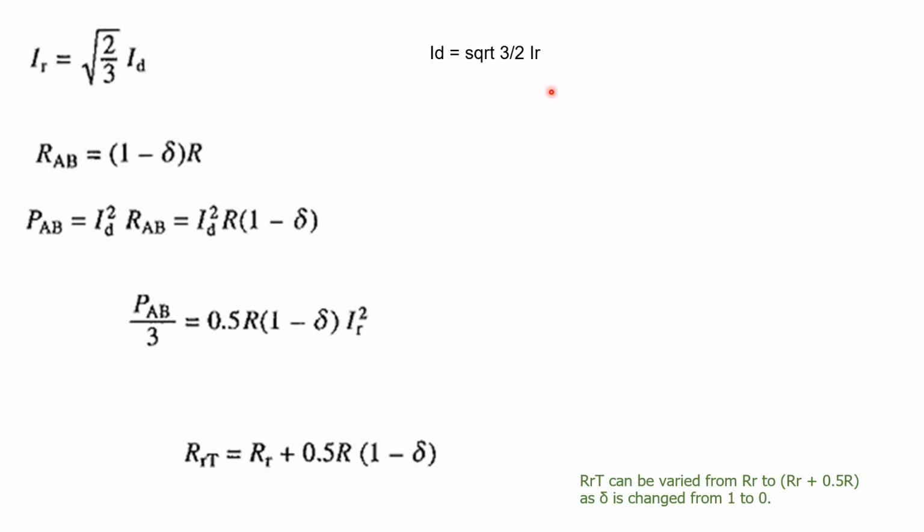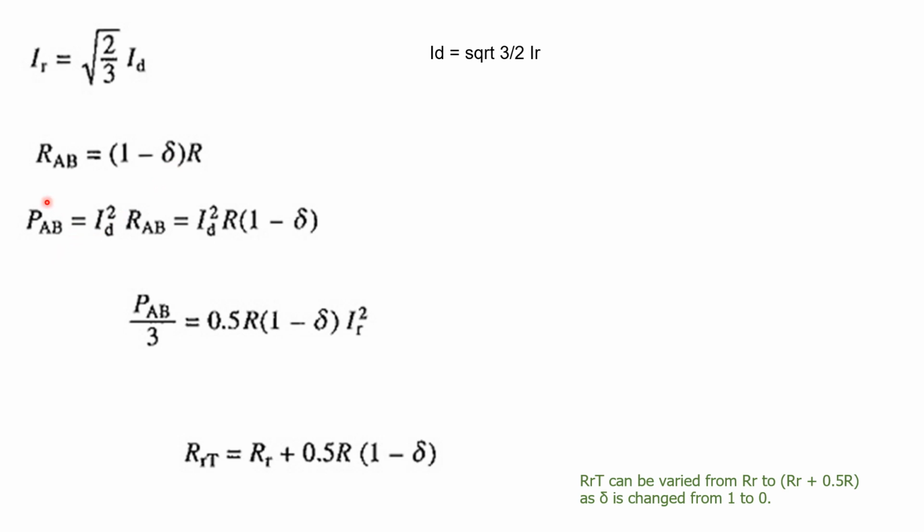Then you can calculate the average value of resistance RAB between terminals A and B, which is 1 minus delta into R, where delta is the duty ratio of the transistor. By varying the duty ratio, you can control the rotor resistance.